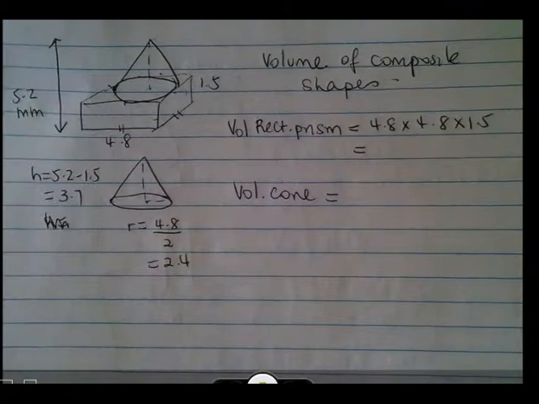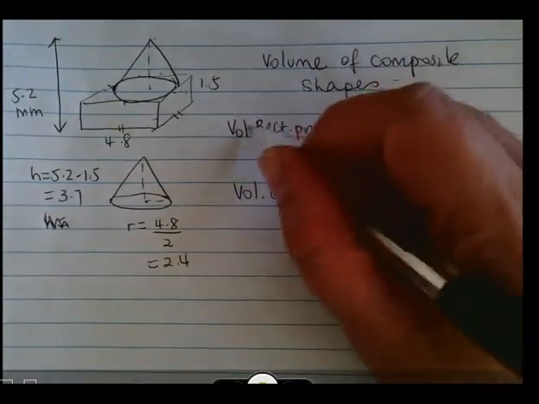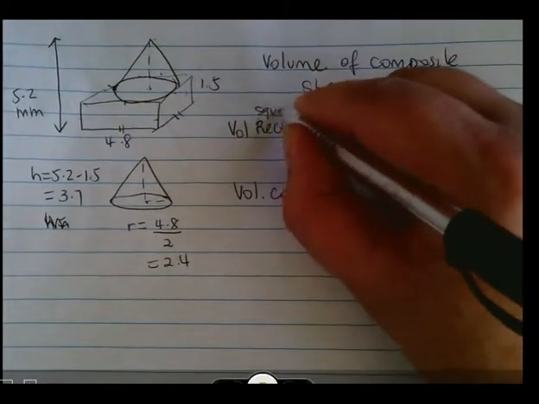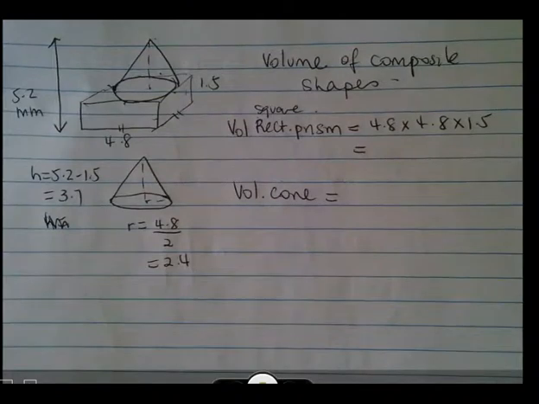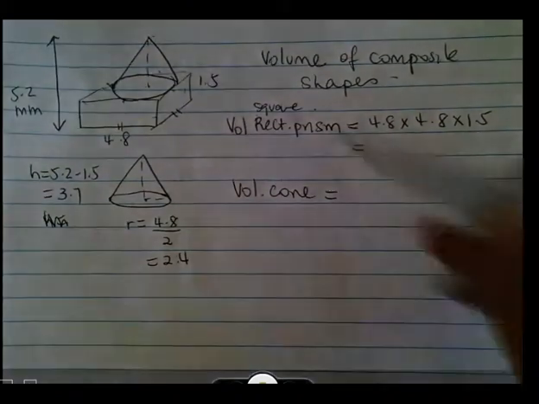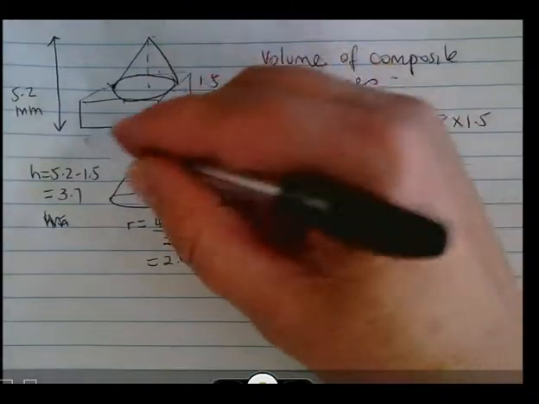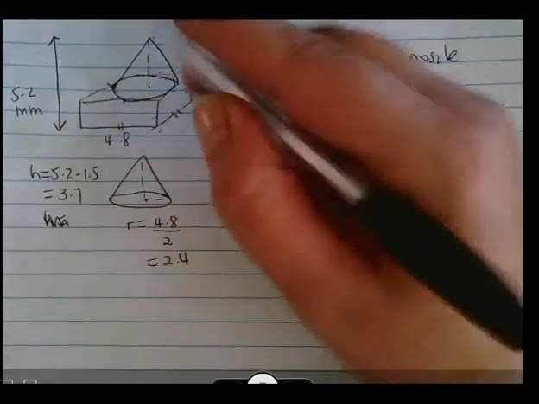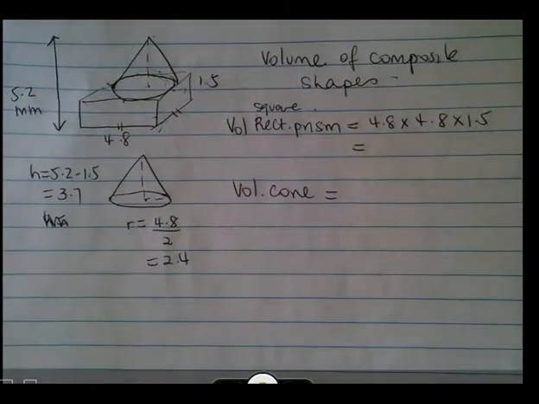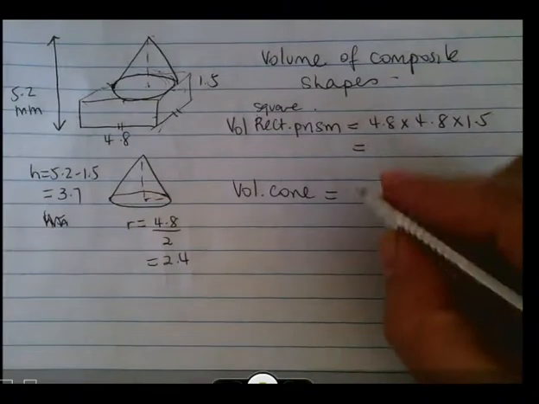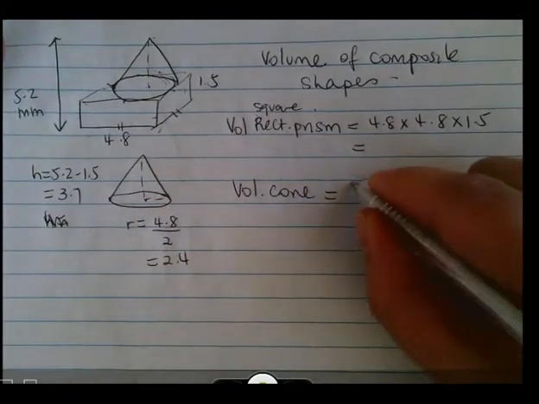That's what that shape is. It's not a rhombus on the bottom. It's a square, well, you can call it a square prism or a rectangular prism. I suppose I'll call it a square prism because the base is square. So that's 4.8 times 4.8. The diameter of the circle is 4.8, so the radius is 2.4. How do you work out the volume of the cone? What's the formula?